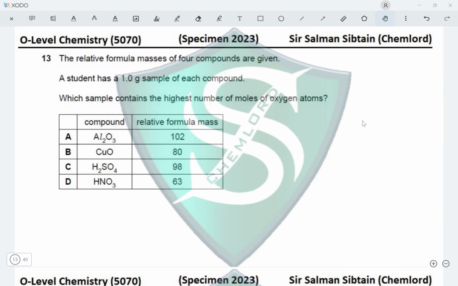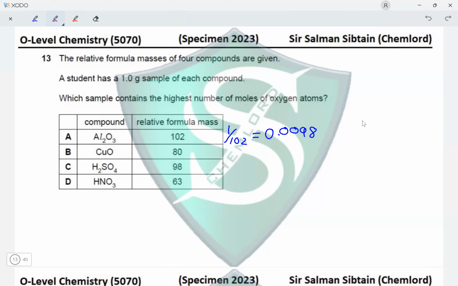In the case of option A, aluminum oxide, this would be 1 upon 102, which would give us a value of 0.0098 moles of Al2O3. Now, the second step would be to find out the number of moles of oxygen atoms present in the compound.